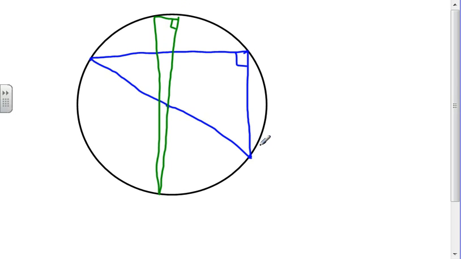So whenever I inscribe a triangle inside a circle, and one of the sides goes through the center, the right angle's over here. We all knew that, didn't we? And the hypotenuse goes through the center of the circle, then I'm going to have a right angle. There we go. That's better.